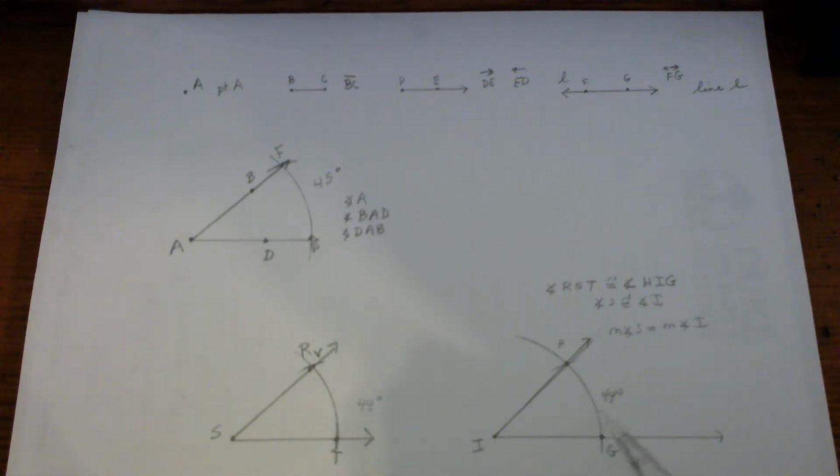And both of these measured 44 degrees. If you construct two angles, you draw one, you construct one congruent to it, then you should be able to take your protractor and measure, and they should be the same measurement. This may take a little practice, so practice that now.